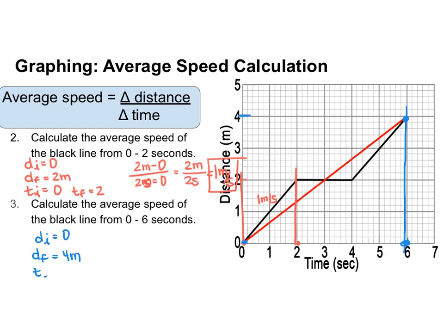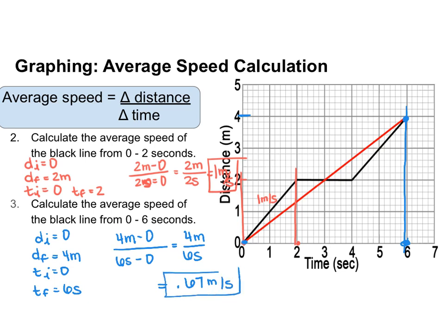And then my change in time. Initially it's 0, and then I'm looking until 6 seconds. So I'm going to take 4 meters minus 0 over 6 seconds minus 0. And I get 4 meters in 6 seconds, which equals 0.67 meters per second.